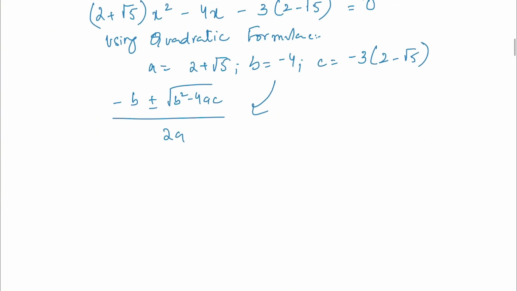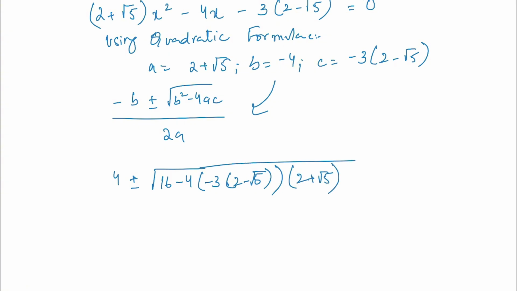We'll be plugging in all the values over here, so we'll get our answer as 4 plus minus root of 4 squared, which is basically 16, minus 4 times negative 3(2 minus root 5) times (2 plus root 5), over 2 times (2 plus root 5).